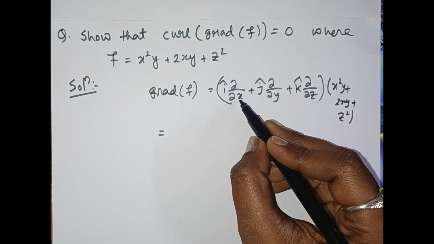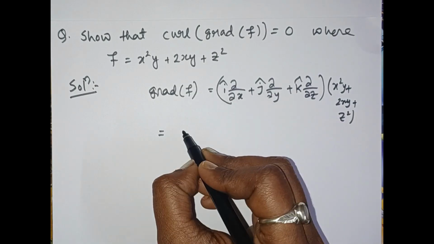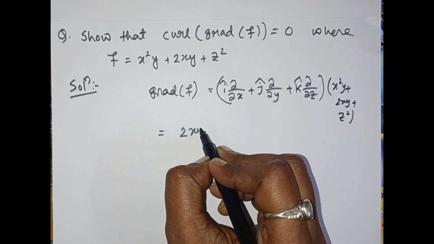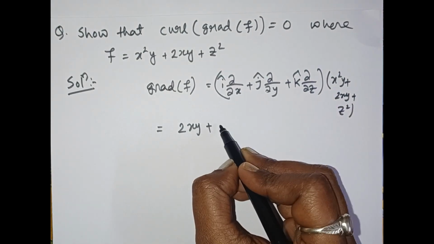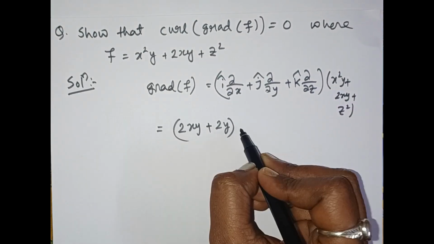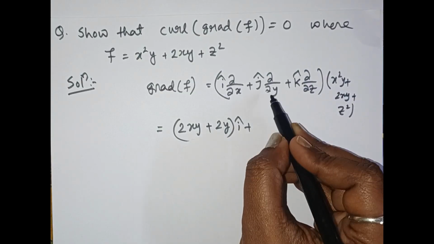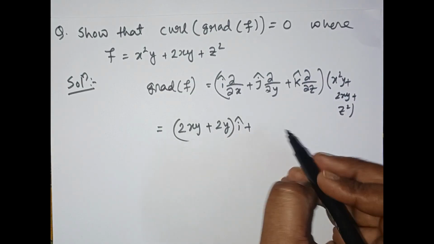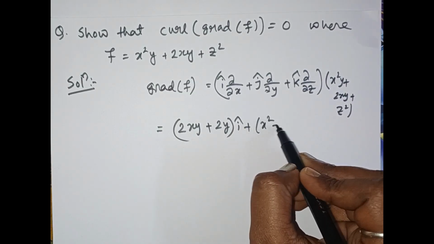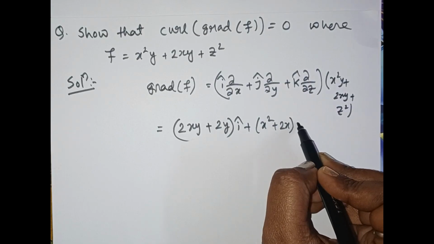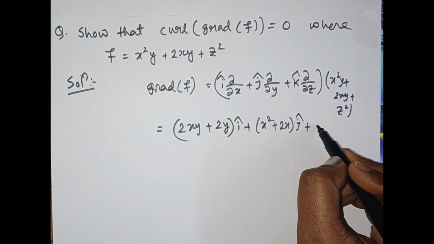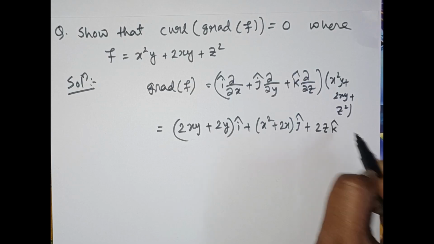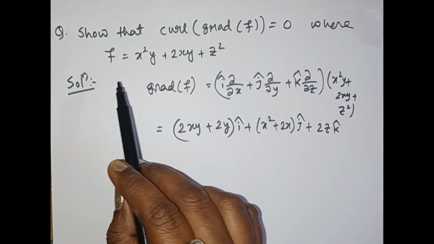If we derive with respect to x, then 2xy plus 2y i cap, plus, if we derive with respect to y, then x square plus 2x j cap, plus, if we derive with respect to z, then 2z k cap. So this is the grad of f.